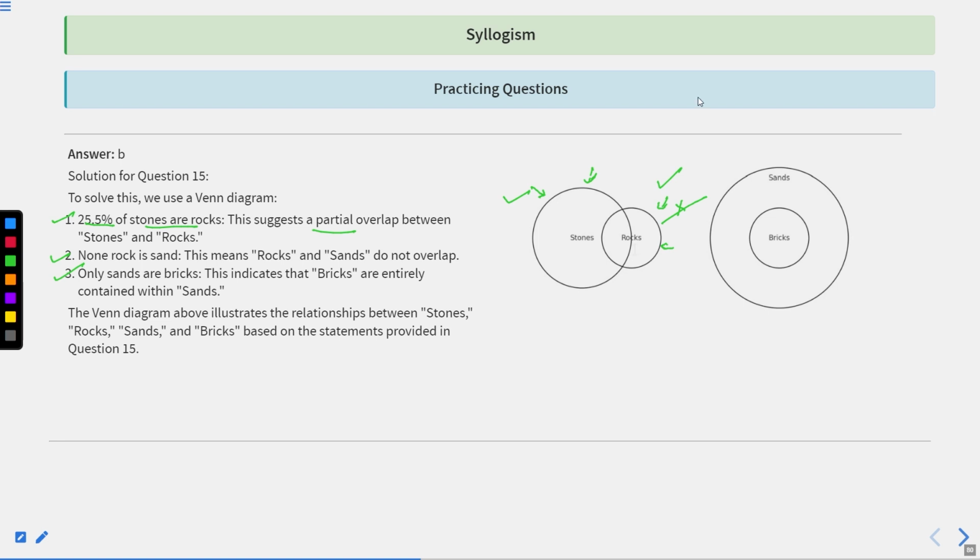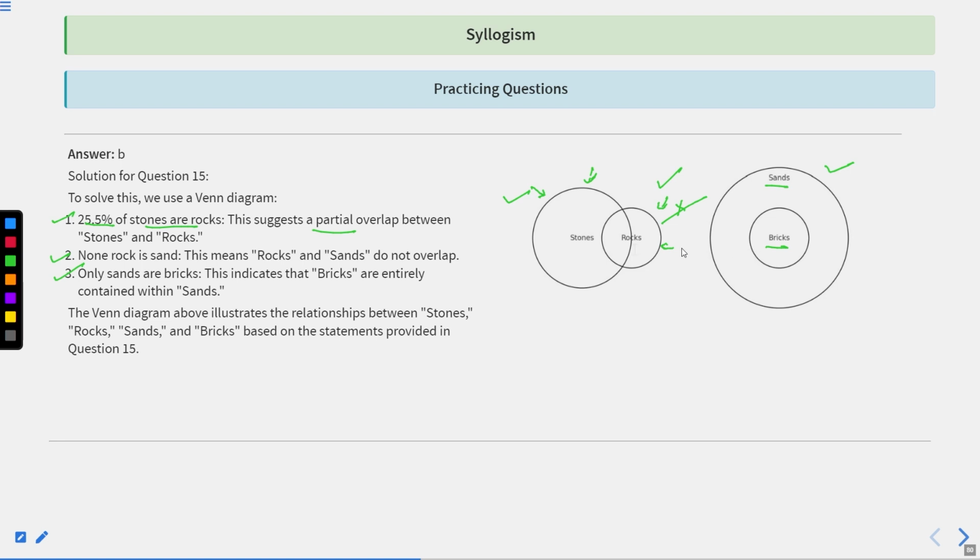So is the diagram suggesting the relation between sands and bricks correct according to the third statement, guys? Yes, the statement seems to be correct because that indicates that bricks are entirely contained within the sands. Now, based on these three statements, the Venn diagram seems to be correct.